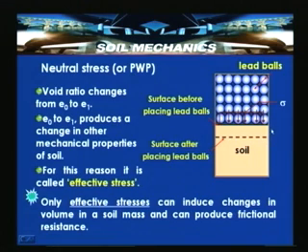The void ratio changes from e naught to e1. e naught is the initial void ratio before placing the lead balls with an intensity sigma, and e1 is the void ratio after placing them. Change in void ratio means change in other mechanical properties of the soil.